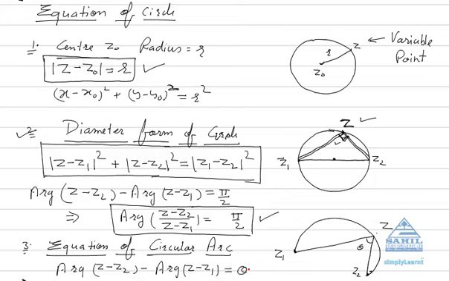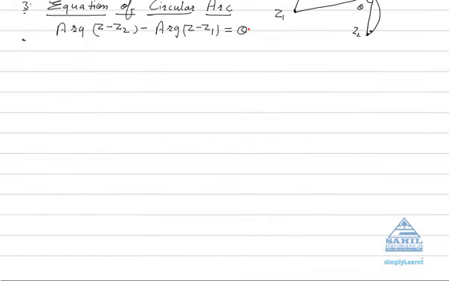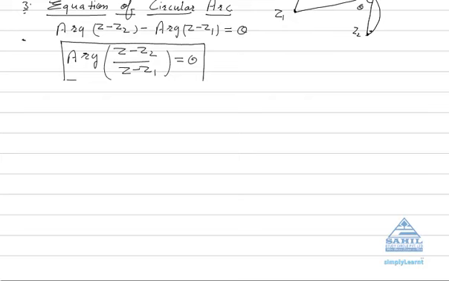I think these concepts will be very useful for you in this examination. This equation can be written as argument of z minus z2 upon z minus z1 equals theta. So this is the equation of a circular arc. These are the few forms by which you can find the equation of circles.